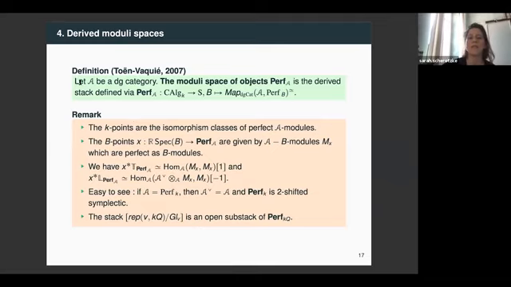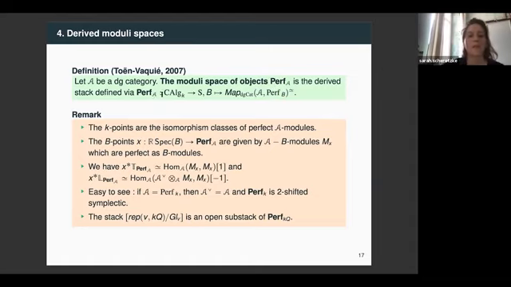If we have a DG category, then we can consider in the category of derived stacks the moduli space of objects, Perf A, of a DG category A. Here Perf is bolded, which in this notation means it's the derived stack, and not the DG category of perfect complexes. How is this defined?